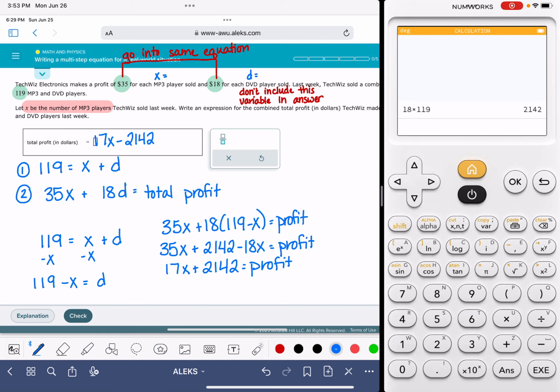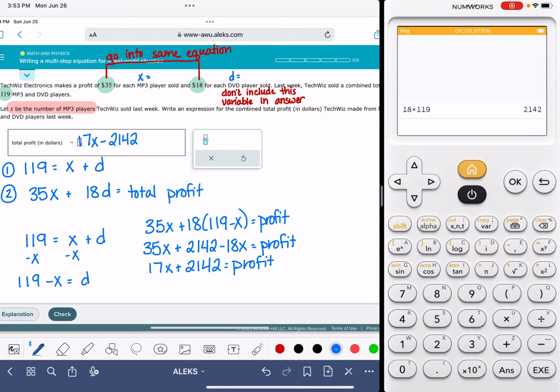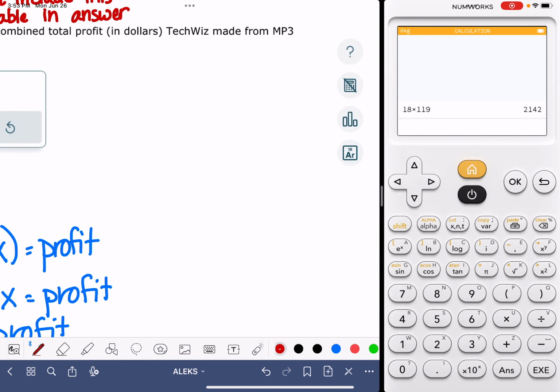Now the other version of the problem, like I said, I'm actually looking at one right now. It says let n be the middle number of 3 consecutive even integers. Write an expression for the sum of these integers. Oh my gosh, that's just a crazy problem. So it's telling me that n is the number in the middle.